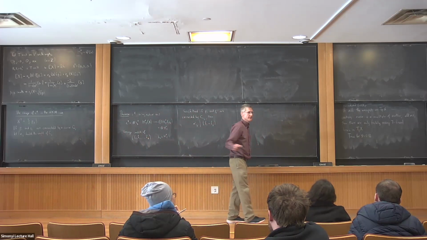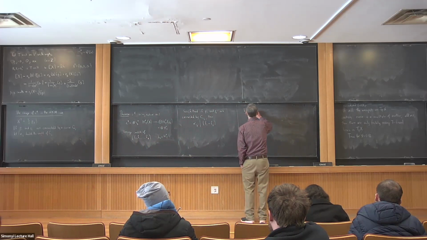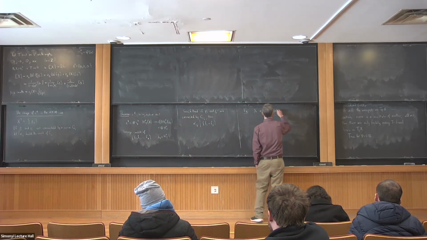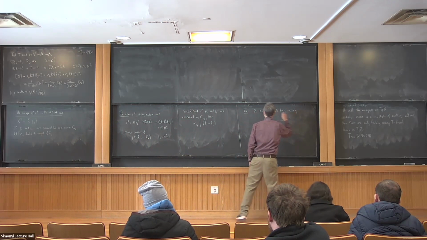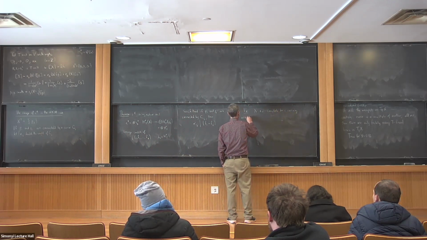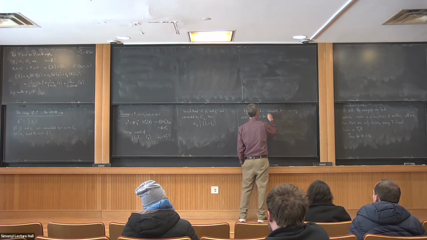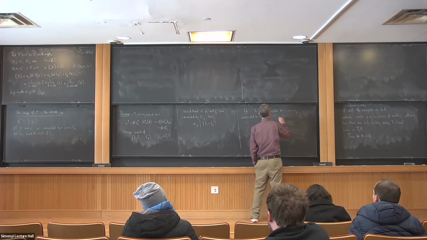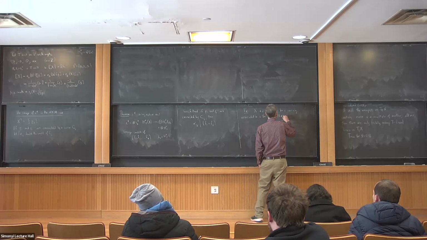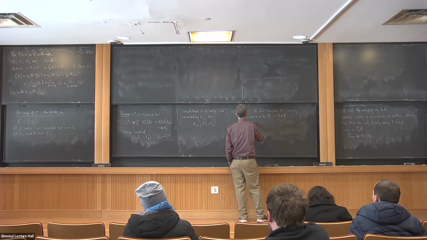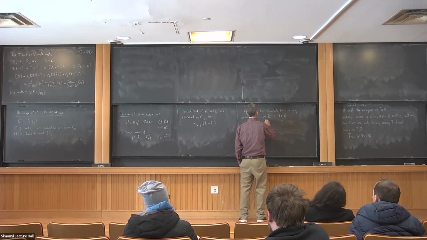So X can be a non-singular toric variety, and it'll be complete, associated to a fan sigma in N tensor R, where N is the dual lattice to the lattice of characters.